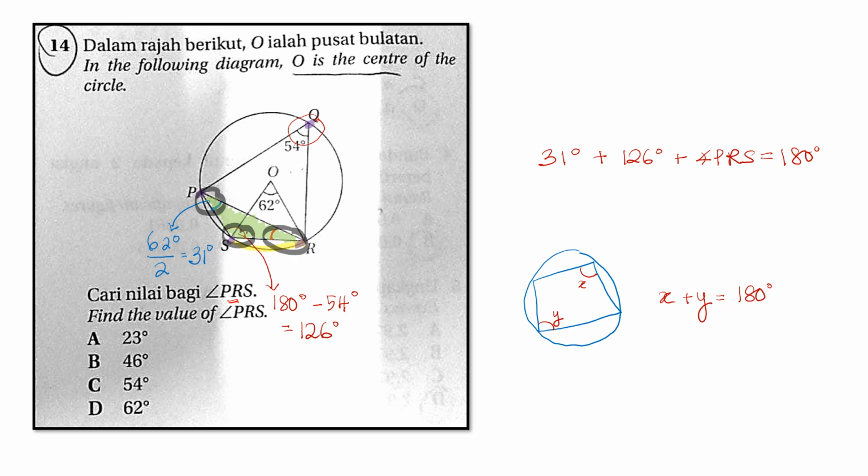Okay, so when I add these two together, it gives me 157. So that means angle PRS is equal to 180 minus 157. That would give me 23. And so this is the answer.